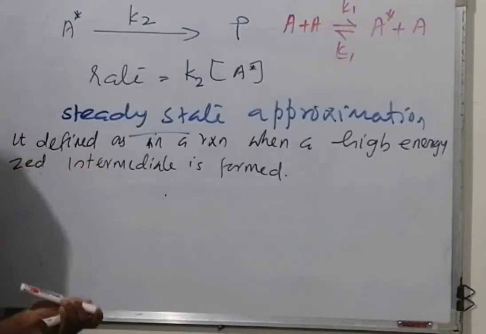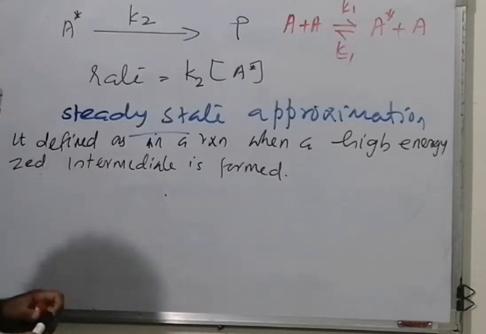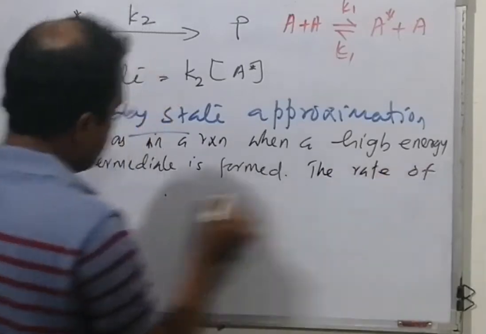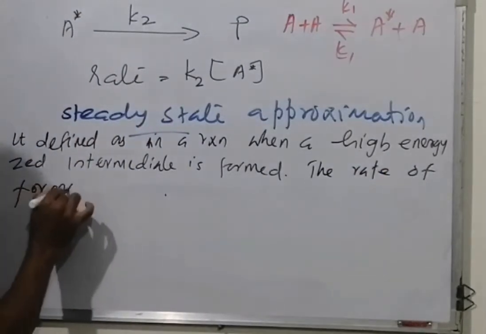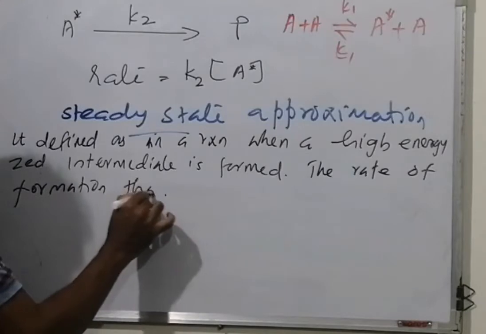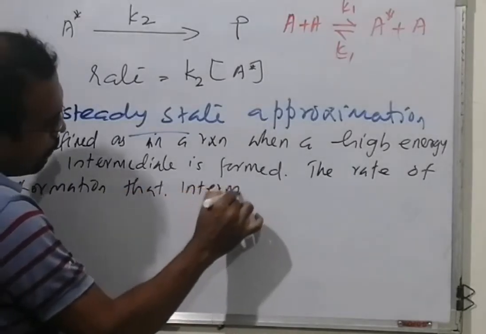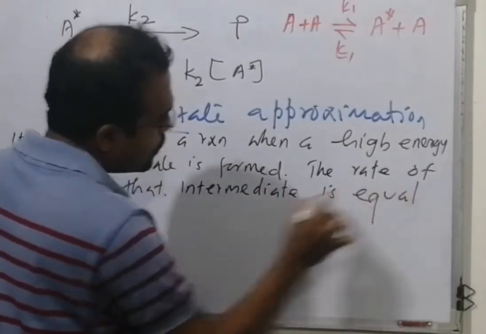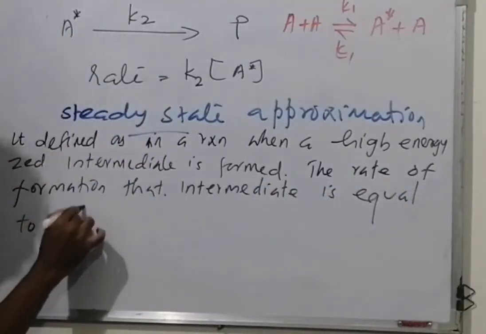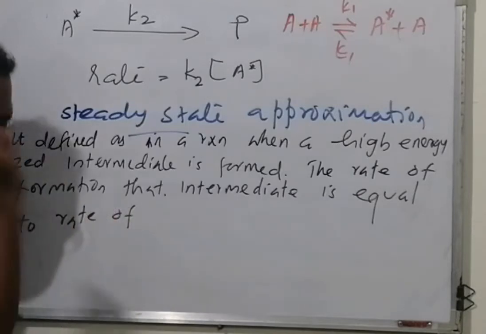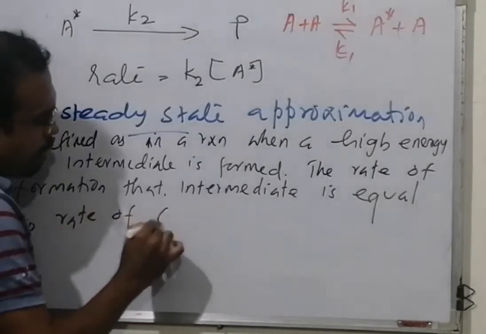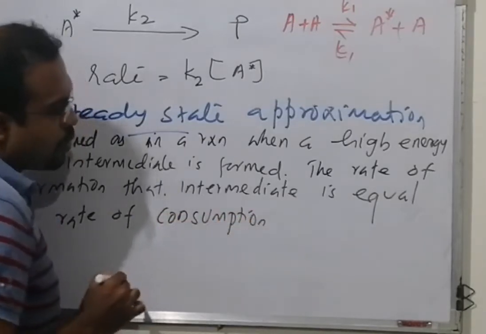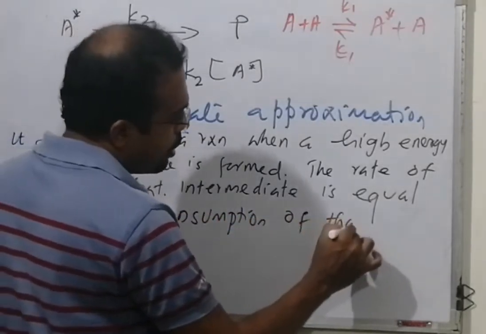In a reaction when a high energized intermediate is formed, the rate of formation of that intermediate is equal to the rate of consumption of that intermediate.